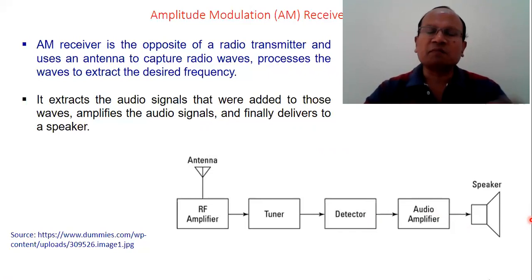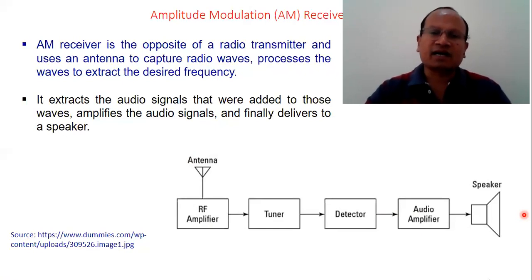The way the transmitter works, the receiver works in the opposite way. It captures the radio wave and processes the exact wave using the tuner, and then we detect the signal using a suitable type of demodulator. It extracts the audio signal that was mixed with the wave intercepted by the antenna, and that signal gets amplified, and then finally we deliver that signal through the speaker.